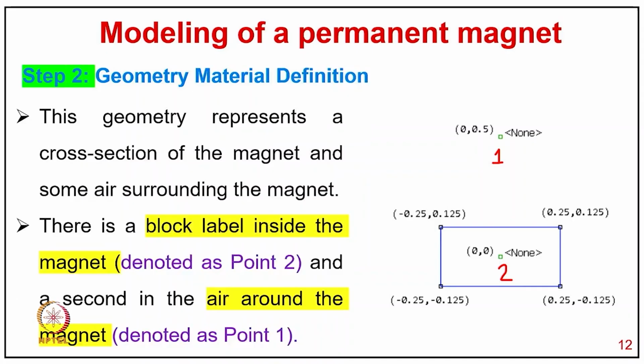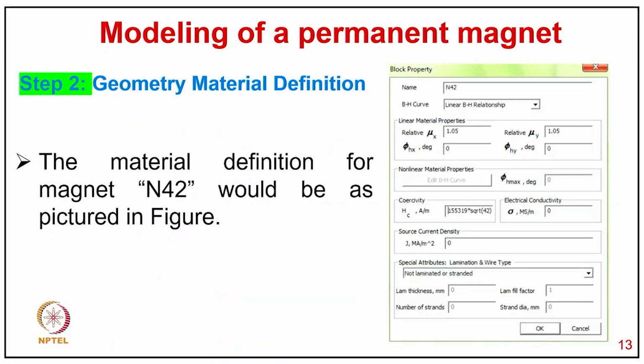Step 3, geometric definition. The geometry represents a cross section of the magnet and some air surrounding the magnet, and there is a block label inside the magnet denoted as 0.2, and the second is the air around the magnet denoted as 0.1. Now coming to part 2, geometry material definition.